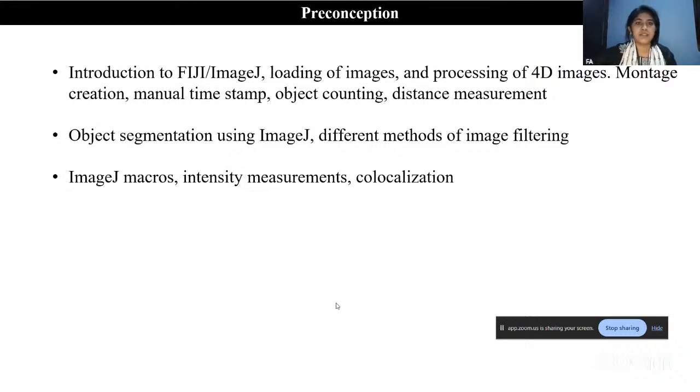Previously you have learned about the ImageJ software and loading of images, how you can load different types of images in this software. Also, you learned processing of 4D images, montage creation, manual time stamping, object counting, and how you can measure a distance between two objects. Apart from this, you have also learned how you can segment different complicated images by using ImageJ, and you have learned to use different types of filtering so that you can improve the quality of your images and reduce the background noise of your images.